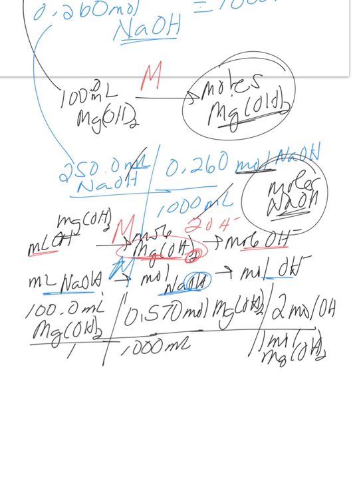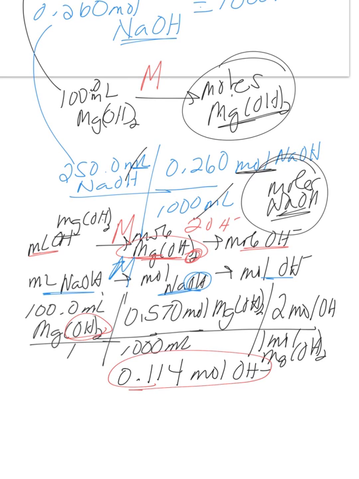And when you do that math, you should have 100 times 0.570 divided by 1,000, times 2. So this works out to be 0.114 mole of OH minus contributed from the magnesium hydroxide.